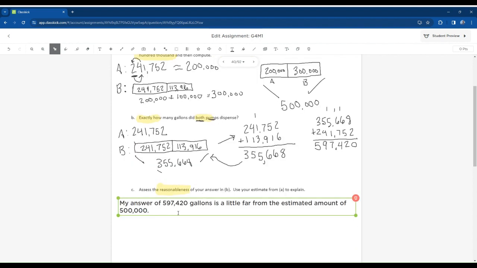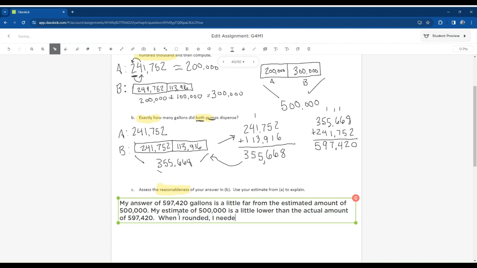So I'll continue by saying my estimate of 500,000 is a little lower than the actual amount of 597,420. When I rounded, I needed to round down, so the actual amount would be more than the estimated.